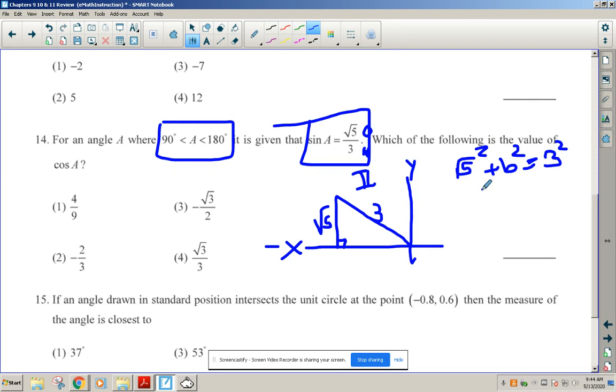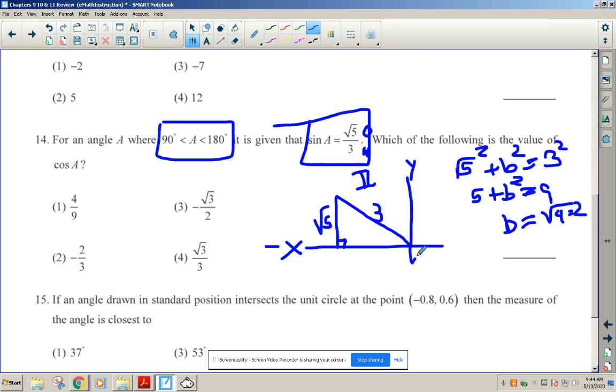Now, rad 5 squared is 5. And the base, we're looking for it. And 3 squared is 9. So if I subtract 5 from 9, I get 4, and the base will now be the square root of 4, which is 2.